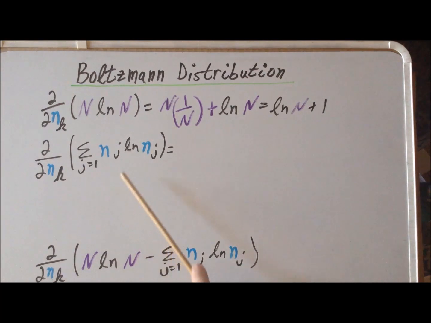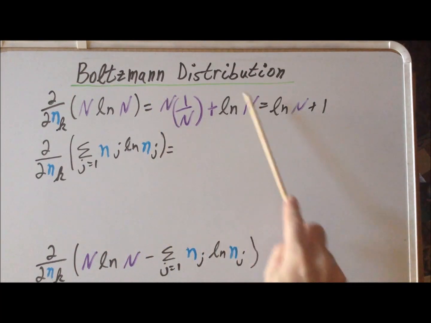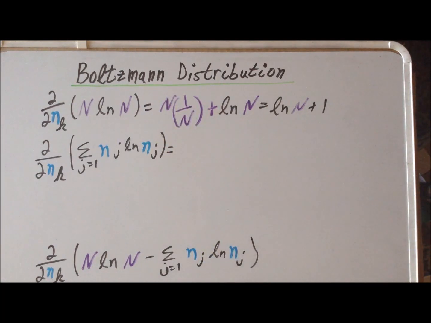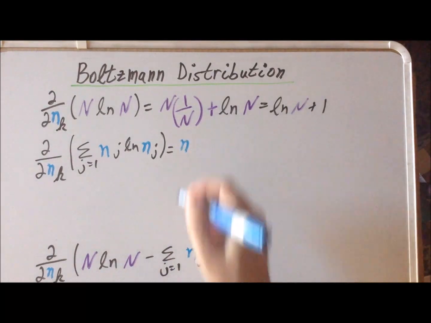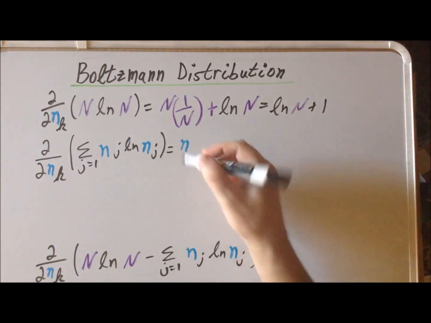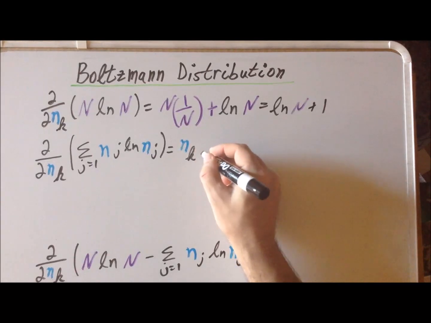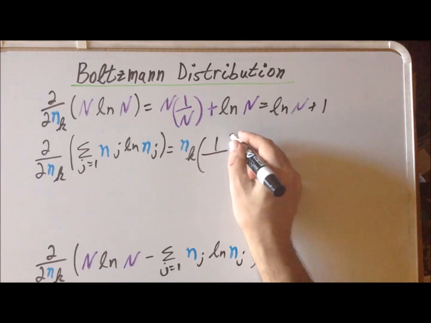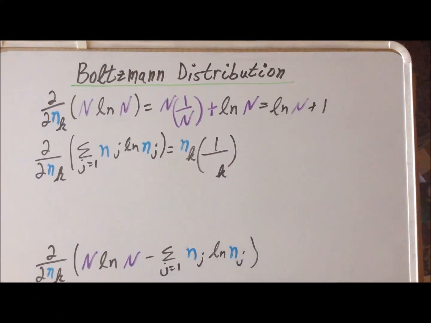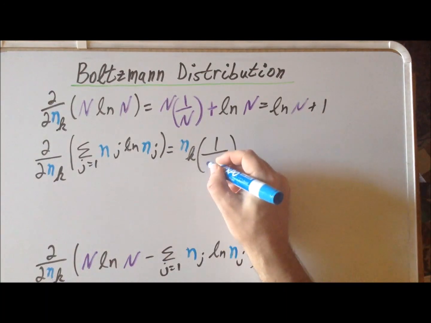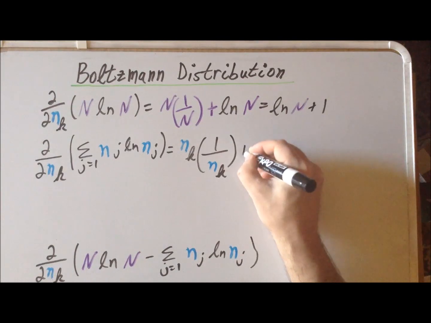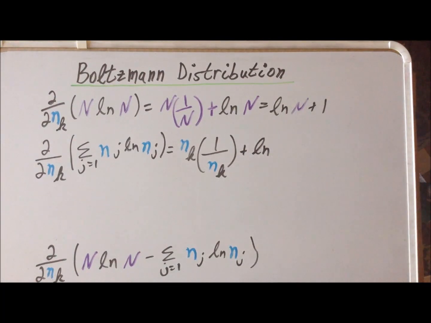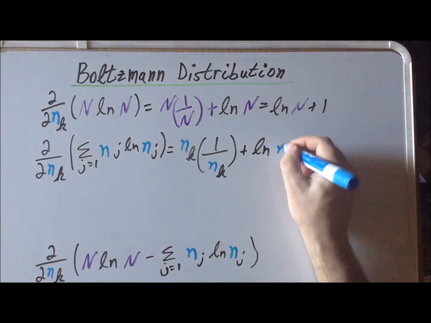And then similarly, when j is equal to k, we get the same kind of derivative that we got for the big purple N. So we would end up getting n sub k times 1 over n sub k plus the natural log of n sub k.